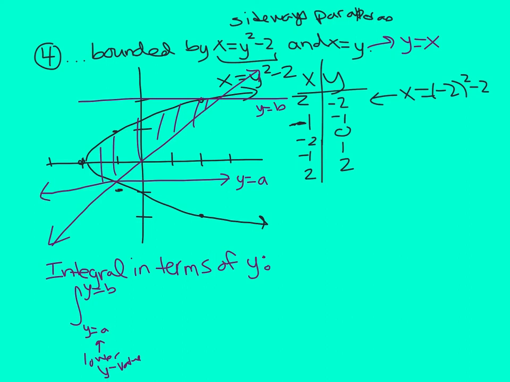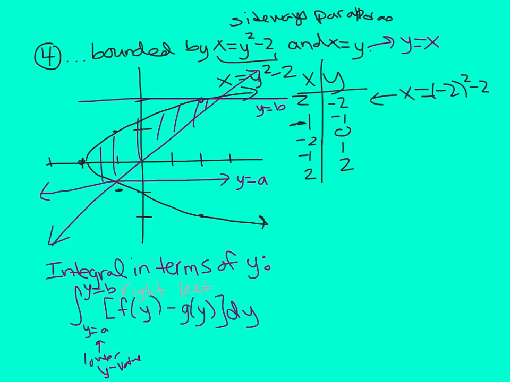The other thing that we need to remember is that we're now working kind of backwards or sideways. So the function we're going to be integrating, I'm going to call it f of y, but rather than remembering it that way, remember it's our right side one minus our left side one. So I'm going to say f of y minus g of y, so it's going to be right minus left. This time we're integrating with respect to y, so you're going to have a dy.